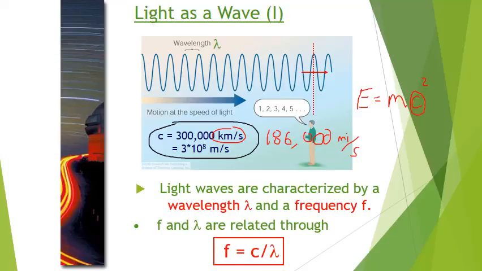It does take light time to travel from one location to another, which is why, when we talk about the sun being 1 AU away, or 93 million miles away, another way of referring to it is that it is 8.3 light minutes away. The light that we see right now from the sun did not leave the sun right now. It left the sun 8.3 minutes ago.